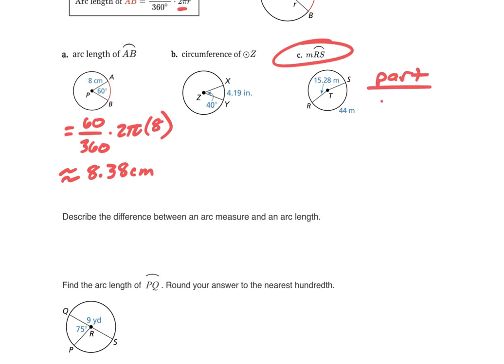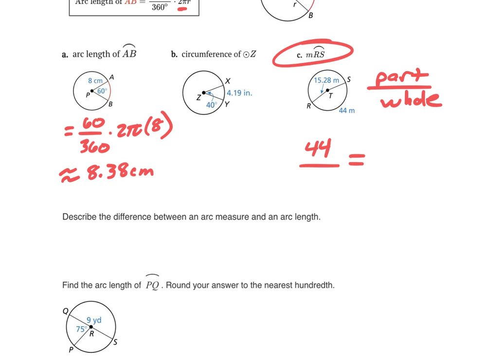When we think of the proportion, we're going to think of part over the whole, for both sides of our proportion. So for the first one, 44 is the length of the arc that we actually know, but we want to find out how many degrees that equates to.